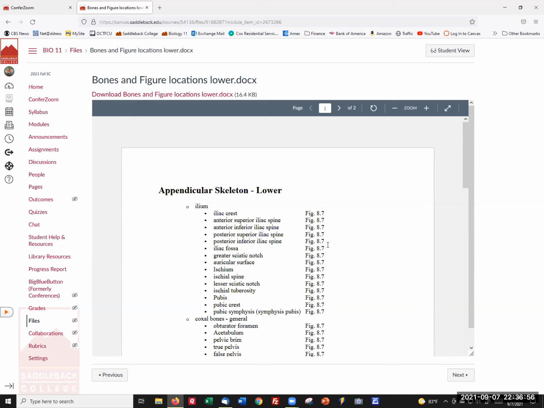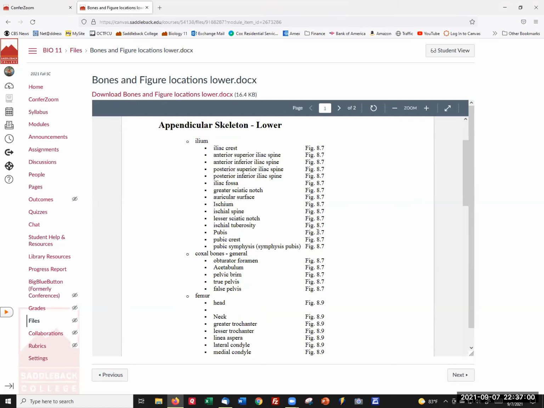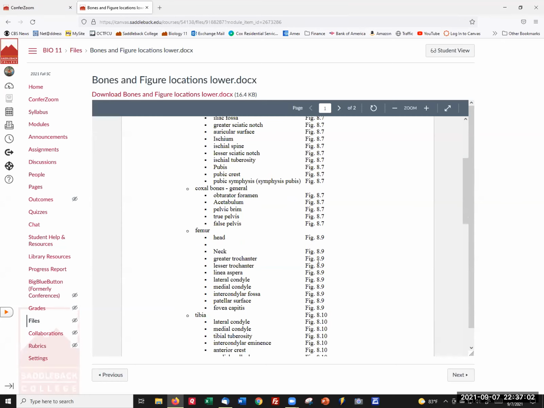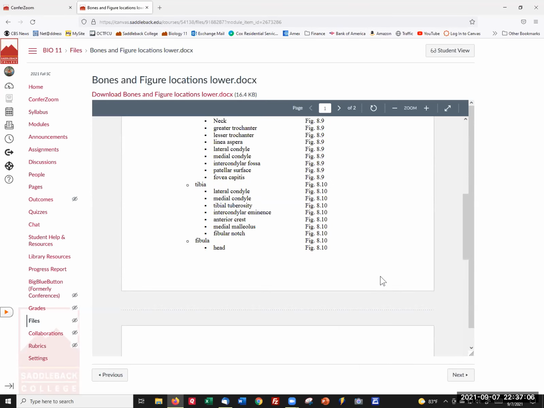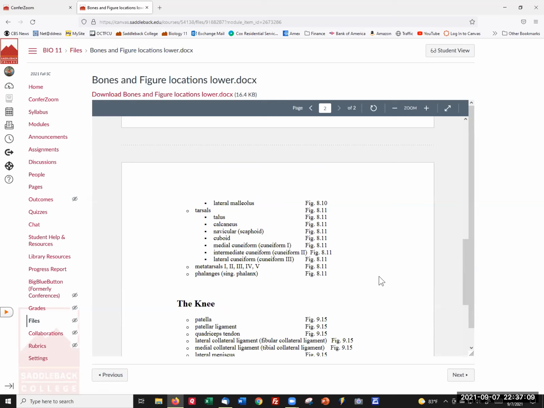Okay, so here's the figure pages. Figure pages for today look like 8-7 is tops, 8-9, 8-10. I often hold off on the knee until Thursday.